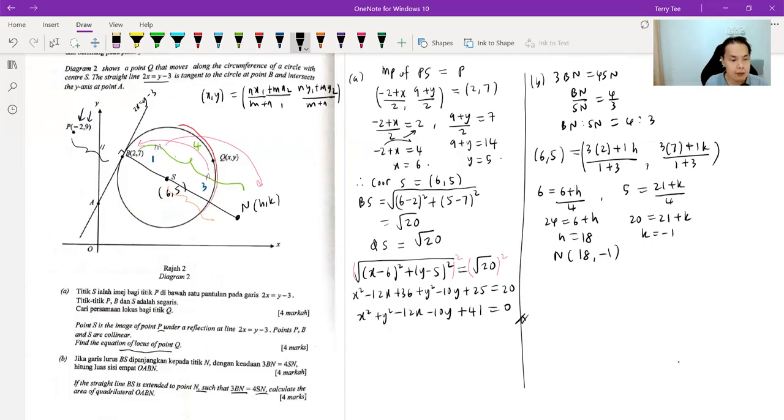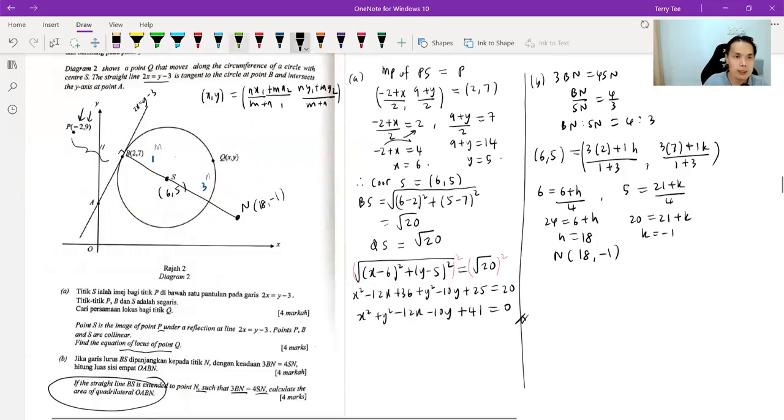But guys, I want to find the area of quadrilateral OABN. Okay, so I've got all this already. Where's OABN? So I know N, my N is now (18, -1). So I need to find point A first. OABN means I'm finding this, my quadrilateral.